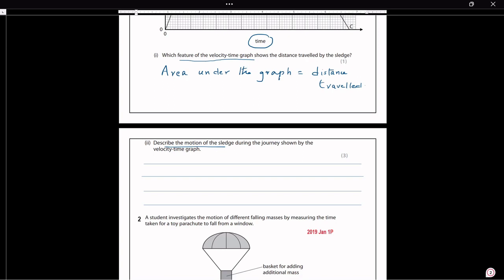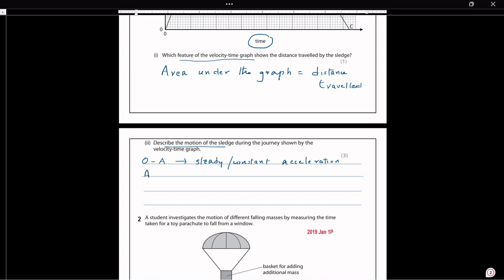So we'll write, O to A, the velocity is increasing at a constant rate, or you can even say that the body is moving with a constant, steady acceleration.